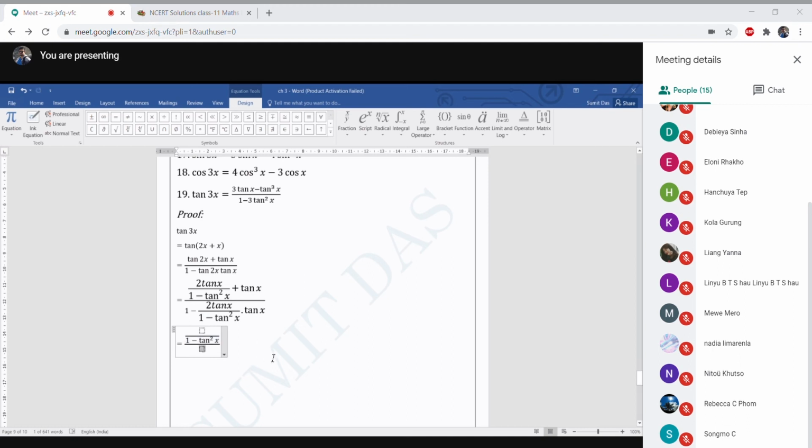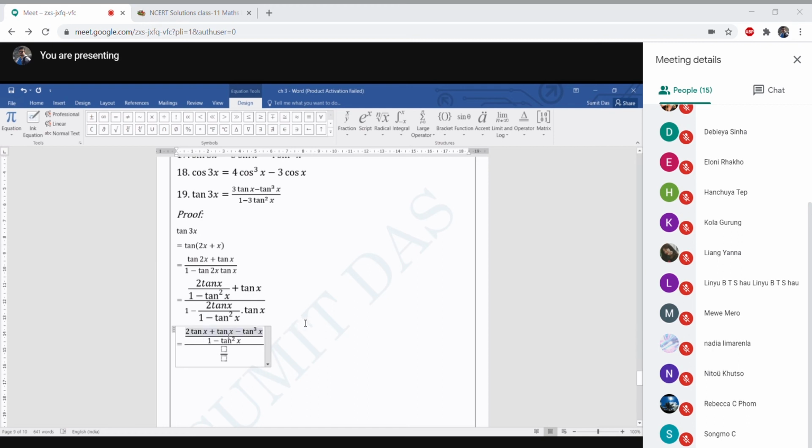Then the numerator will be 2 tan x plus tan x minus tan cube x.